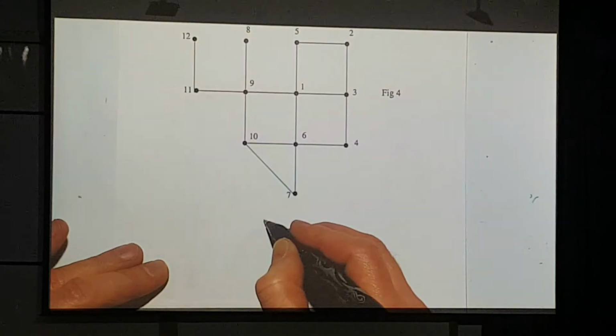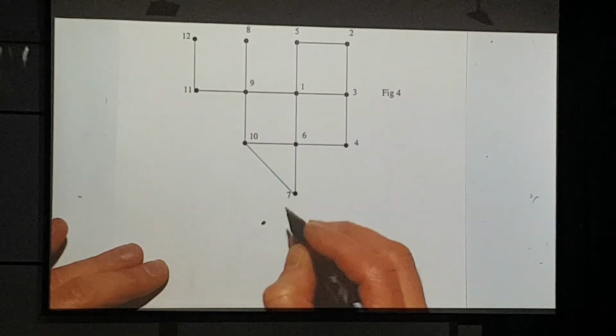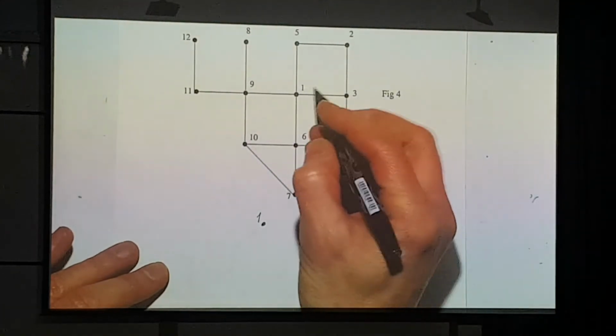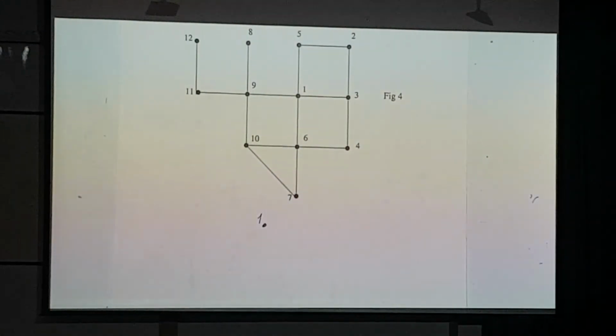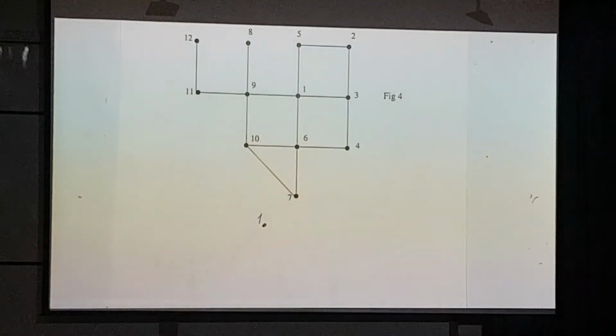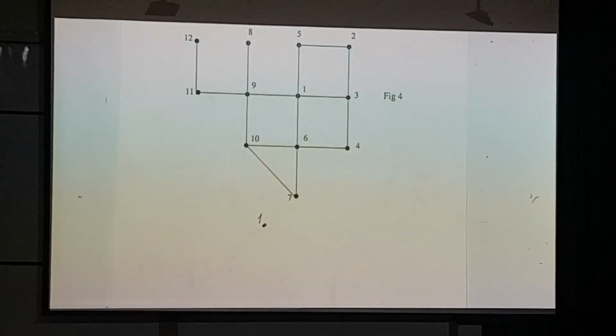So that's the vertex with label 1. As I make my choices, I will label them on the drawing, and also separately draw my tree.